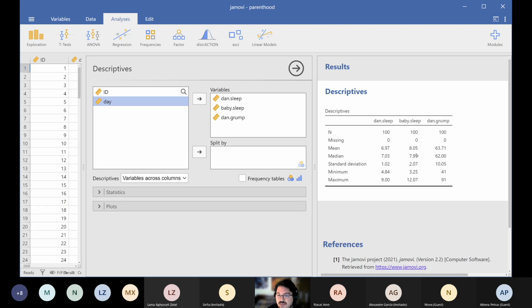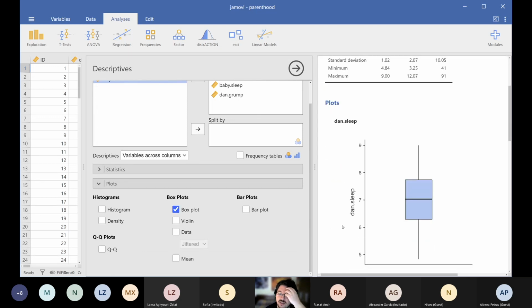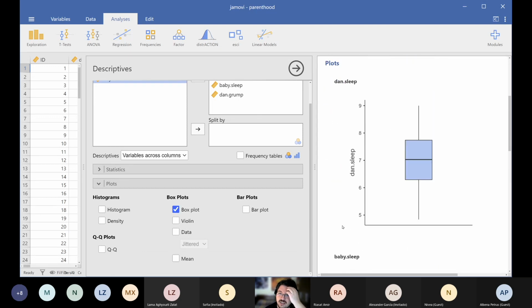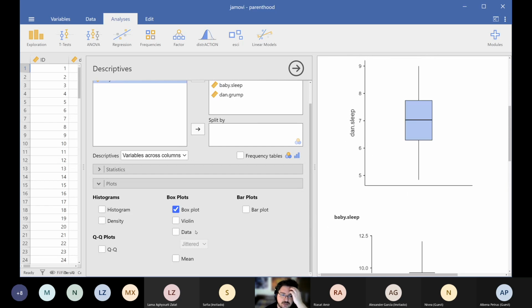We have means and medians. Nothing much that you can get from this, but you can do plots of this data to see if we have outliers or anything of the sort. You do not.